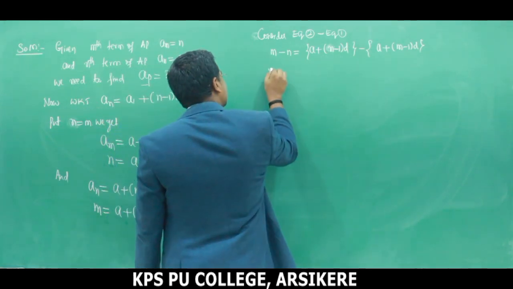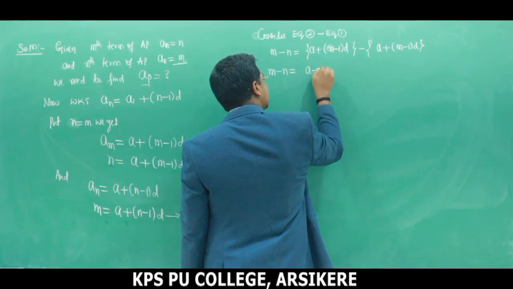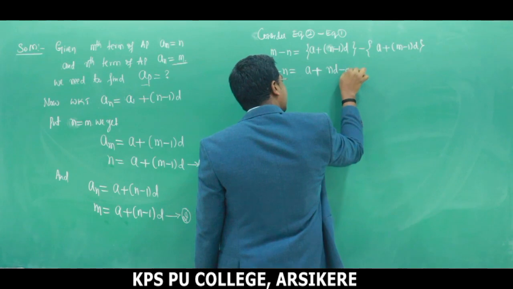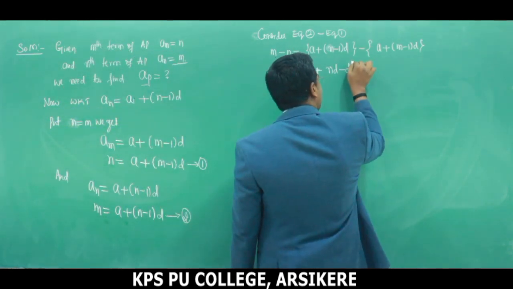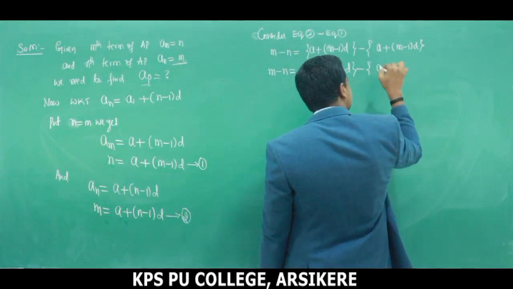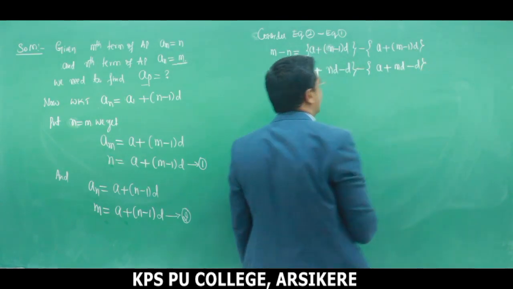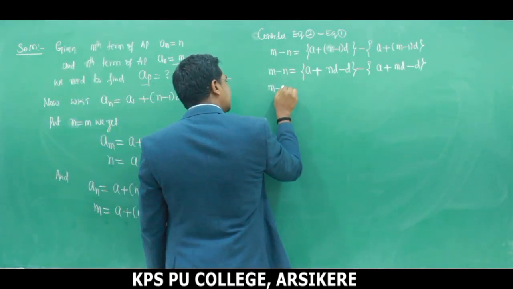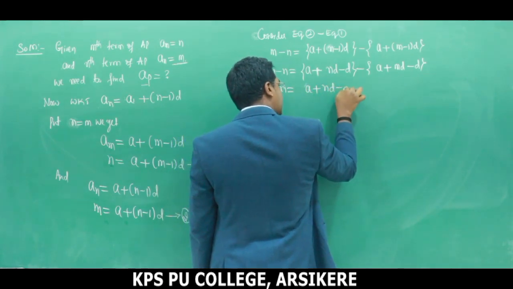So now this becomes m minus n is equal to a plus, multiplying by d here, nd minus d, minus of a plus md minus d. Next step is simplification. So m minus n is equal to a as it is, plus nd minus d.